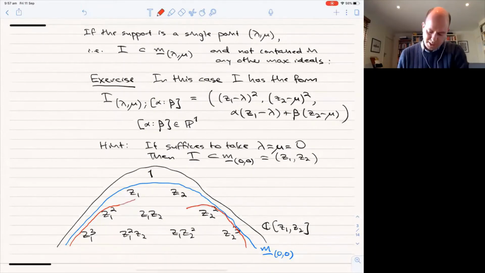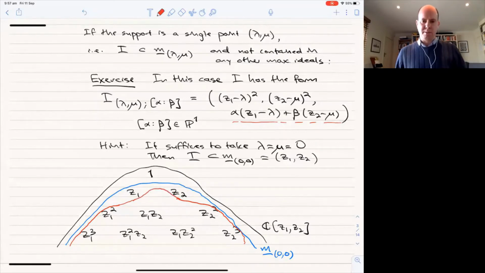And it also has to include a linear combination of Z1 and Z2. It has to include a one-dimensional subspace of the two-dimensional space spanned by Z1 and Z2. So it sort of goes up in here and picks up some part of the span of Z1 and Z2 as well. So that's the sort of picture that this exercise is claiming I has to have.